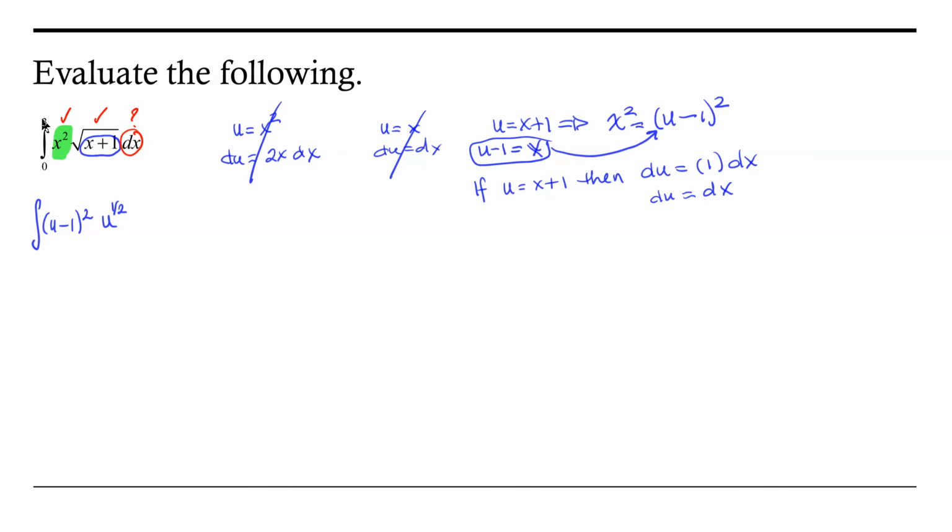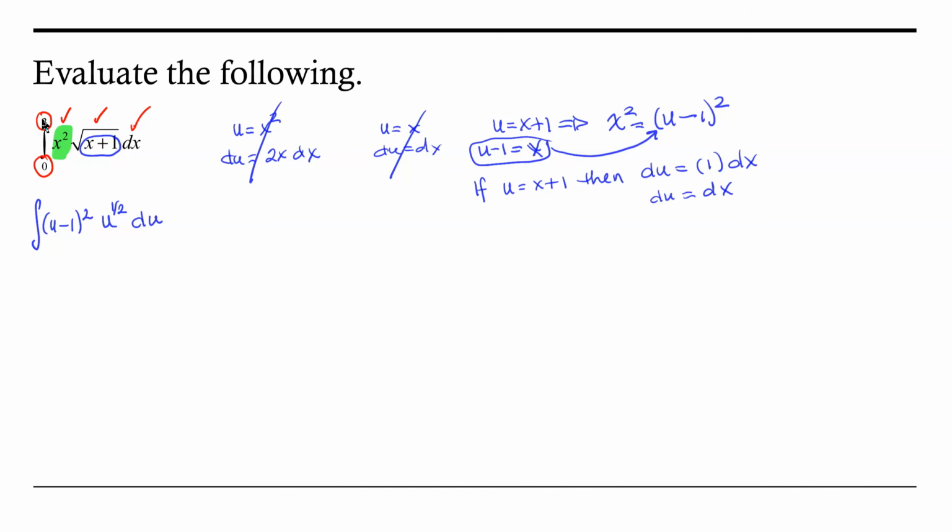So I can replace my dx with du. And now I've replaced the integrand and the differential. All that's left to replace are my limits of integration.